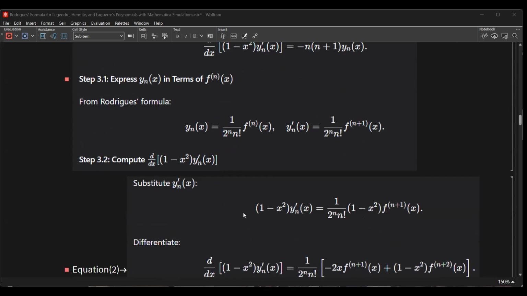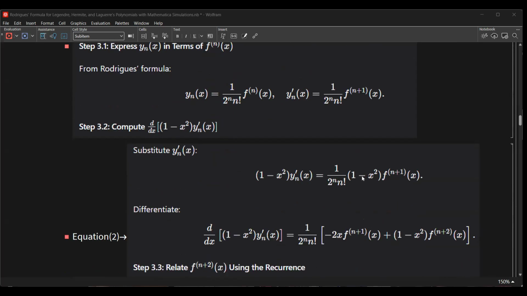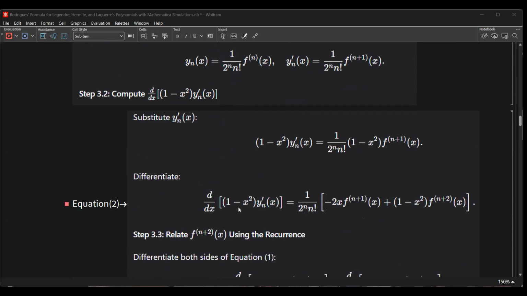So we are going to compute the derivative of (1 minus x squared) y prime(x). So we have the derivative of this, (1 minus x squared) times y prime(x).